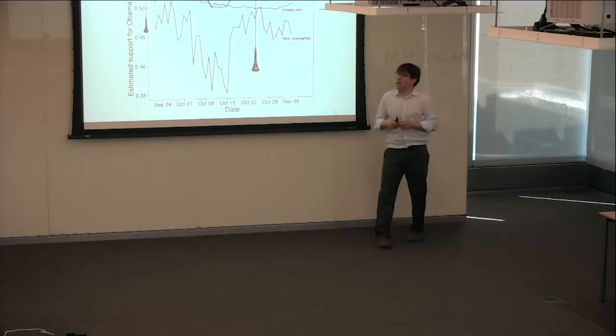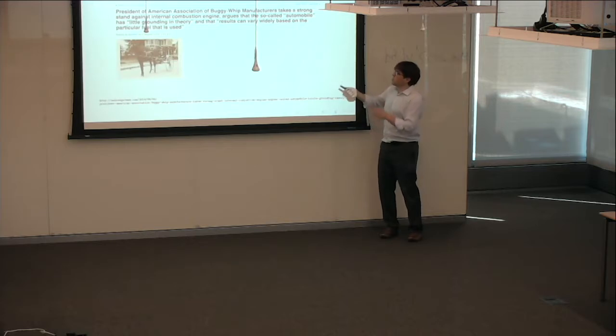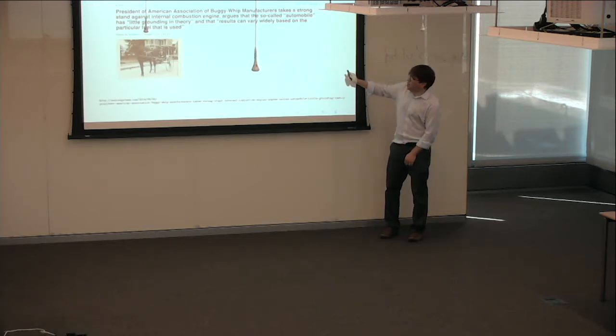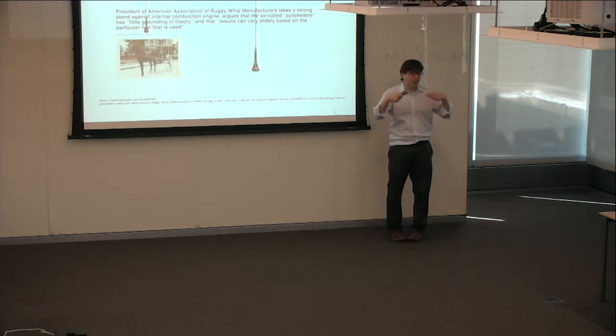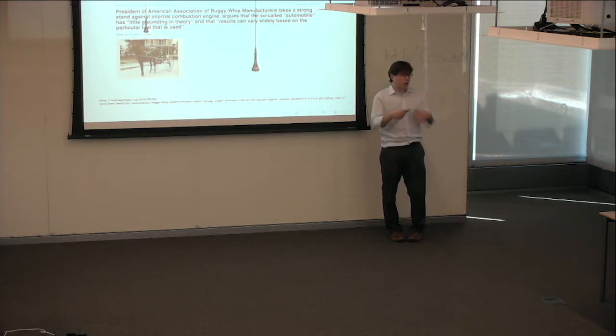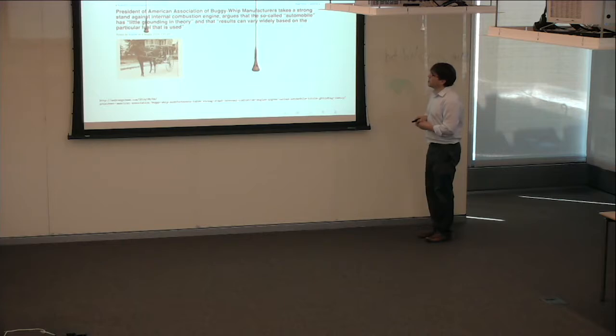So I think the claim, and you can see this blog post, so after this, other people said a version of what I said, that there's no sound theoretical basis for this adjustment.